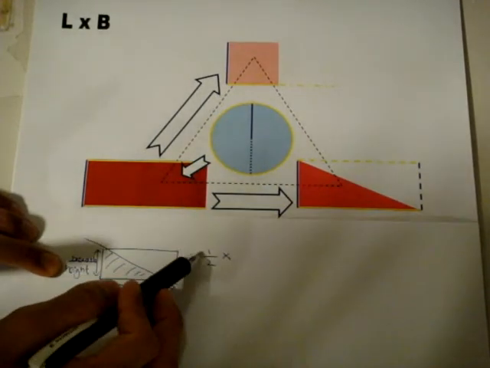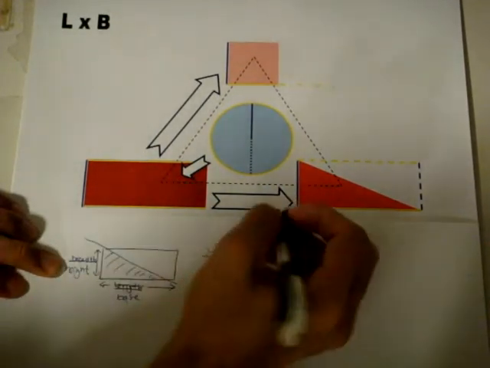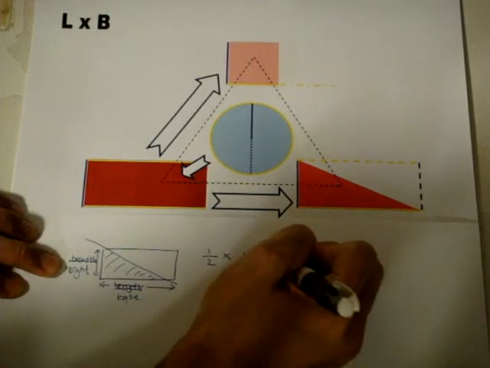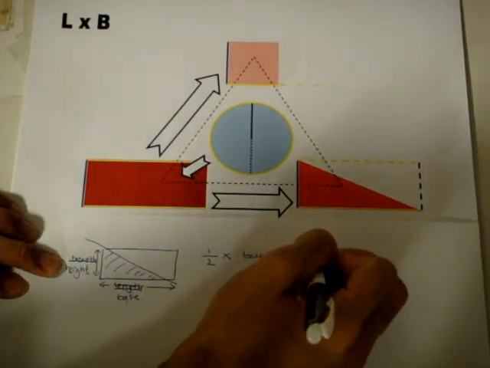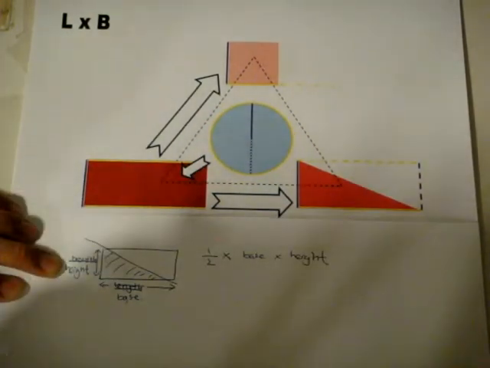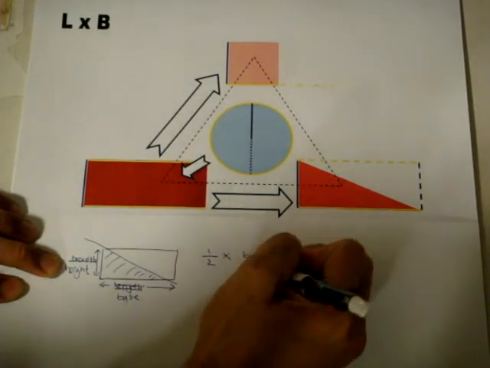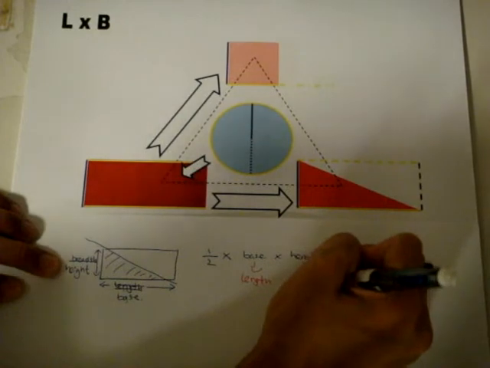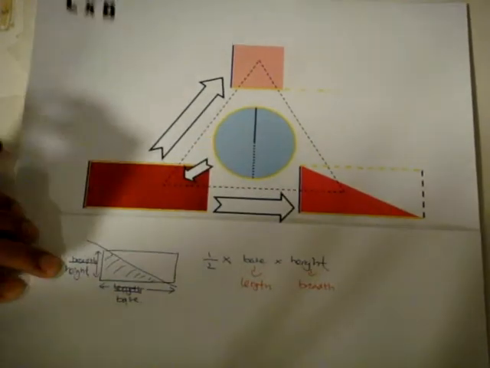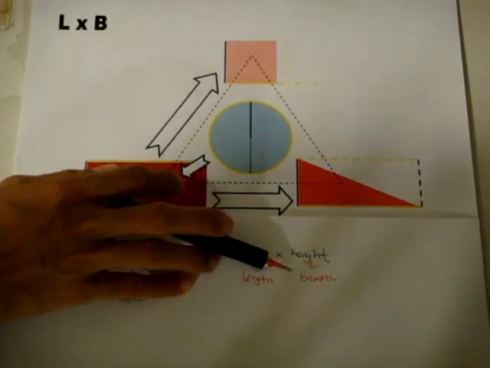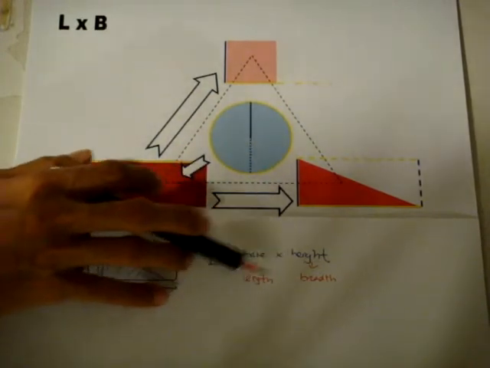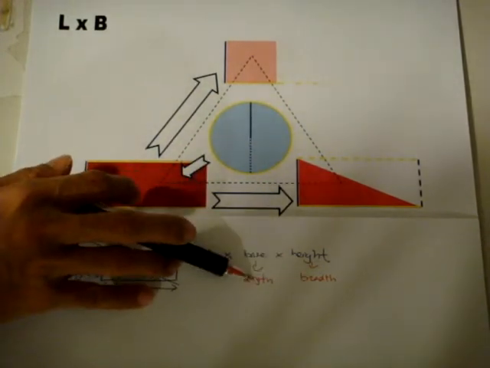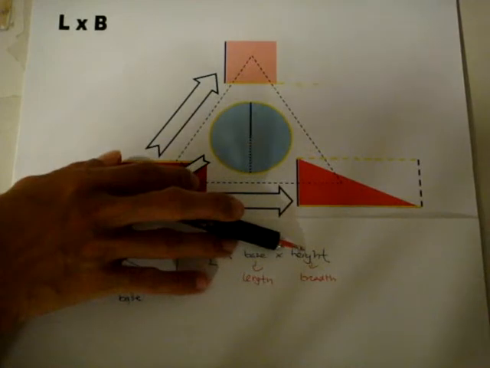Of course, you have to times half because it's half the area. So half times base times height. Originally, this is the length, and this is the breadth. So length times breadth. When it becomes a triangle, it's called base times height.